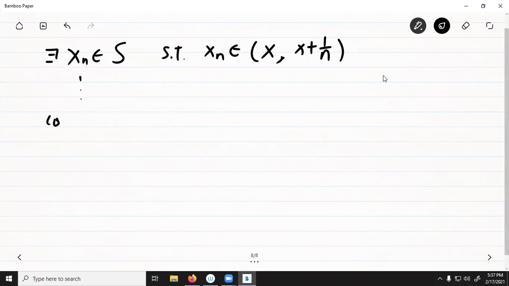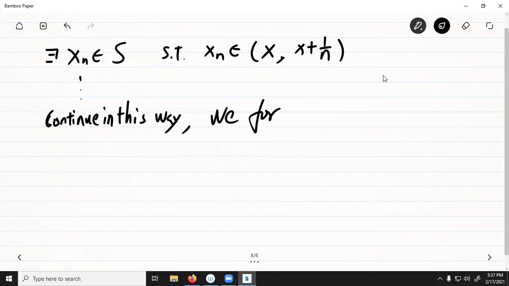We continue in this way. Then we form a sequence xn, and because each member is in S, this is a sequence in S.